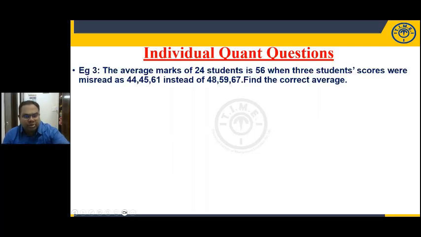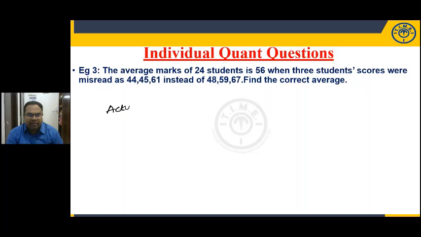Right? Try this question, the third question. Quickly, then we'll tell you what needs to be done. Average of 24 students is 56. Three students' scores were misread as 44, 45, 61.